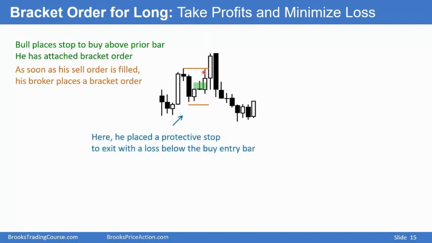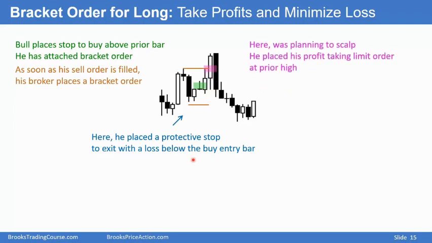On this bar, the market hit his limit order. However, it probably did not get filled. So his limit order to take profits is still alive, and his stop is still alive as well because he's still in his long position. As soon as the market went above his limit order, then he gets filled, and this order, the stop order, automatically gets canceled.